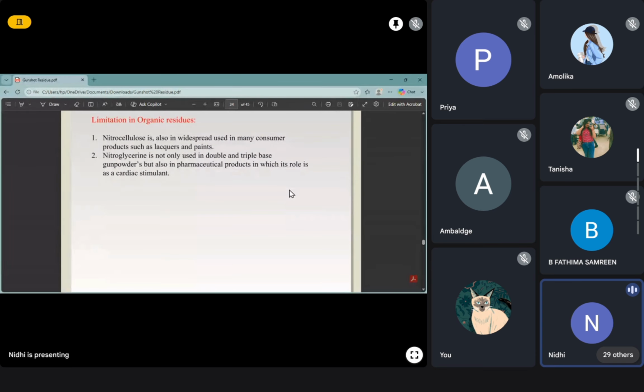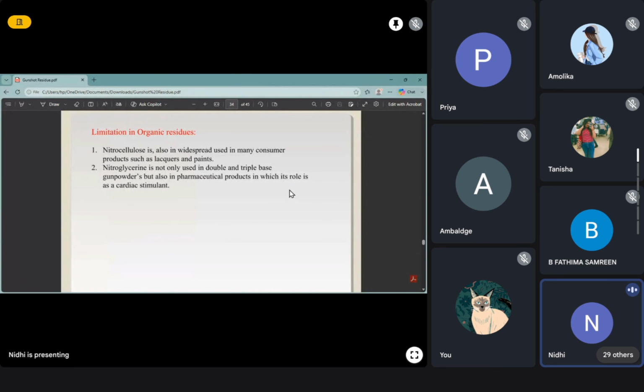Then the limitation in organic residues is that nitrocellulose is also in widespread use in many consumer products such as lacquers and paints. And nitroglycerin is not only used in double and triple base gunpowders, but it is also used in pharmaceutical products in which its role is cardiac stimulant.